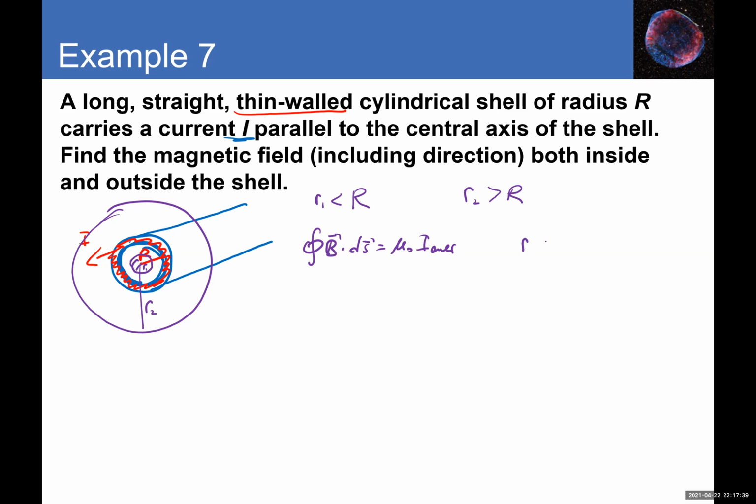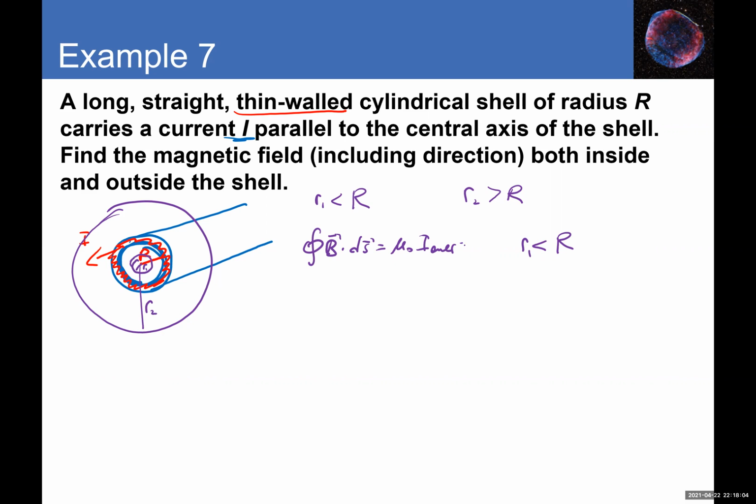For the radius R1 less than the radius of the shell, I can see that within my Amperian loop there is no current. The current is only on the surface of the shell; inside, there is no current.